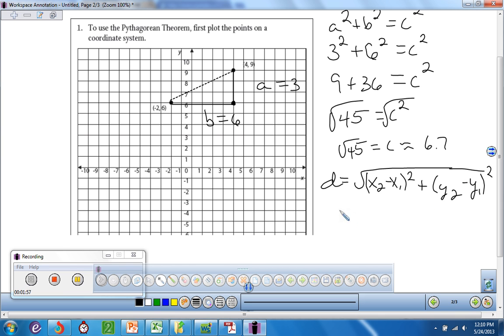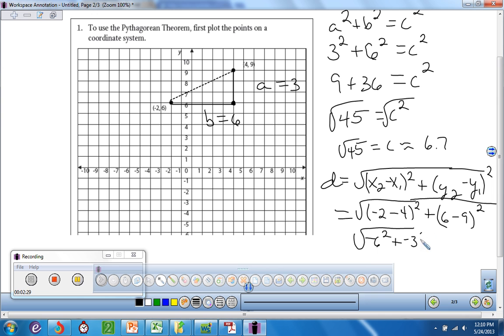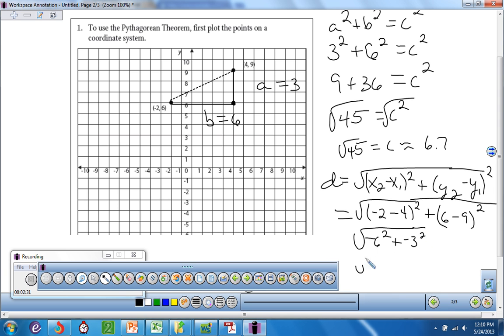Now with this, we're going to plug in the X and the Y values. So for the change in X, I'm going to go -2 minus 4, squared, plus 6 minus 9, squared. So when I do this, I'm going to end up with -6 squared plus -3 squared. So we end up with the square root of 36 plus 9.